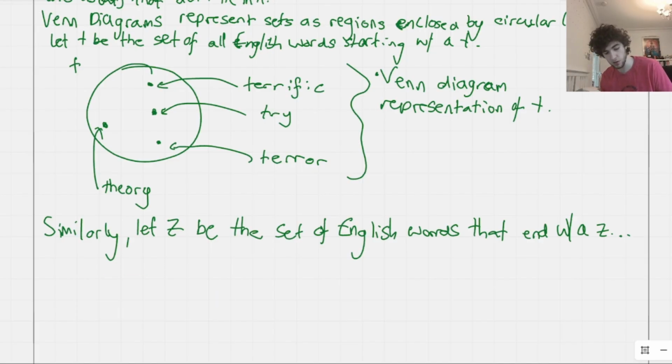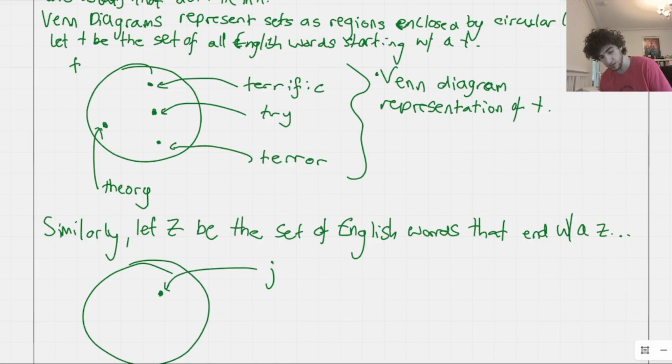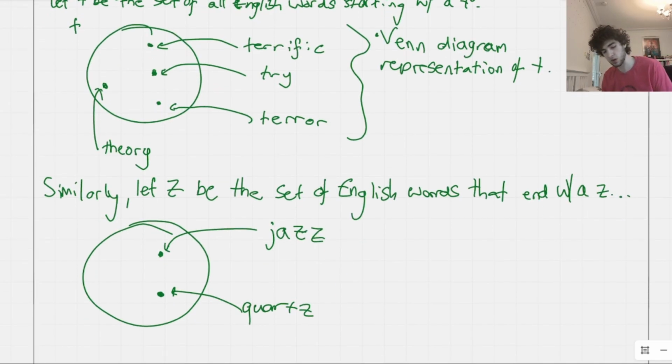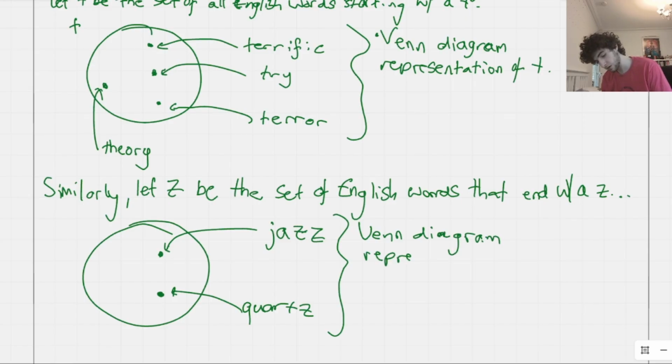It will look like a circle, and then you just have some words in there, for example, jazz, that's an English word that ends with a Z, quartz, and of course many others. So this is a Venn diagram representation of Z, all the English words that end with a Z.